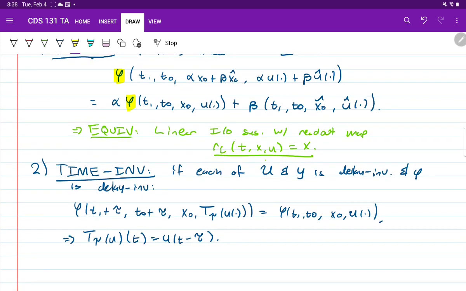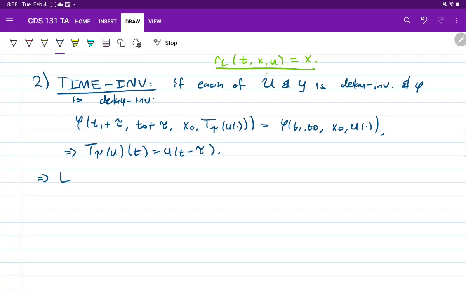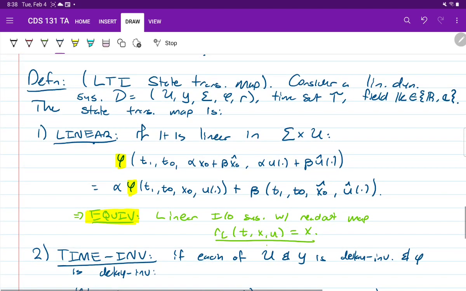Now, once again, you could check this equivalent condition up here, which just says, okay, now if we pretend the output of our system is just going to be the full state vector, then we should have a linear time invariant I/O system, okay? All right, so just as a quick final remark, LTI phi means linear and time invariant phi.